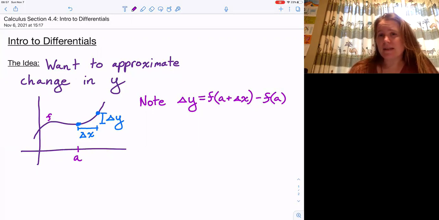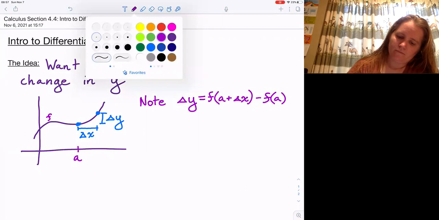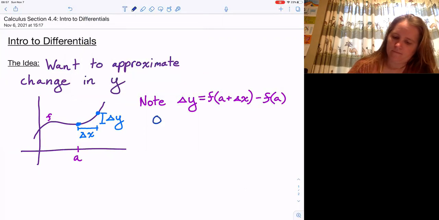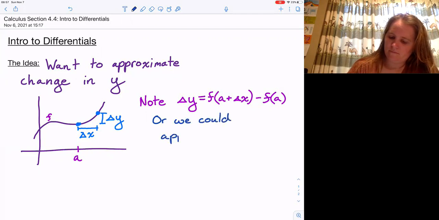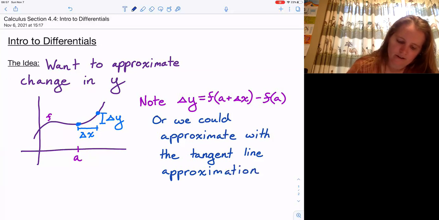Or we could approximate using the tangent line approximation. So if we did our tangent line approximation, we have our tangent line.